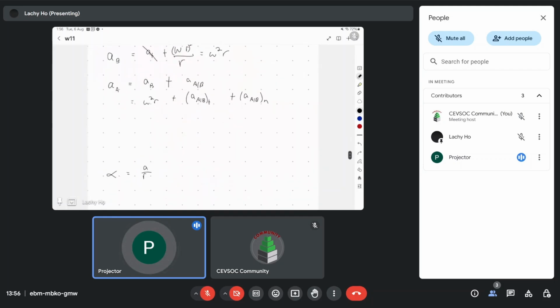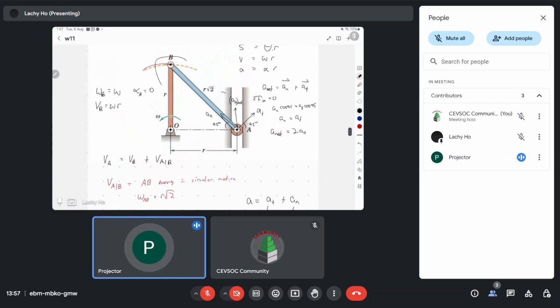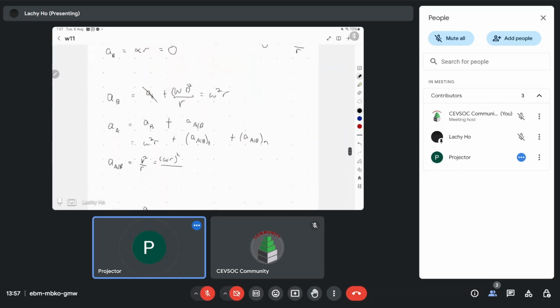And so coming back down here, we know that the acceleration in the radial direction is equal to v squared on r. We know that v squared is omega r squared, and the radius is AB, so that's going to be r root 2.